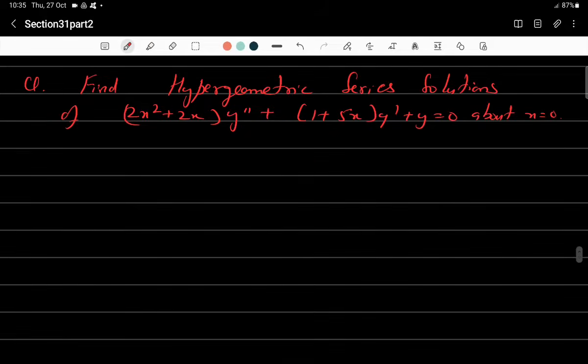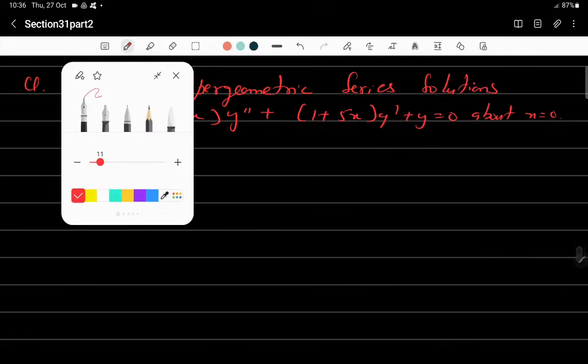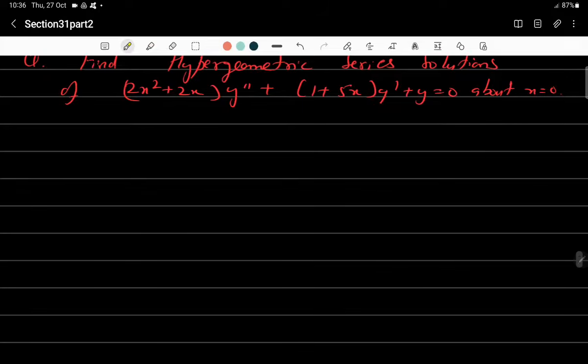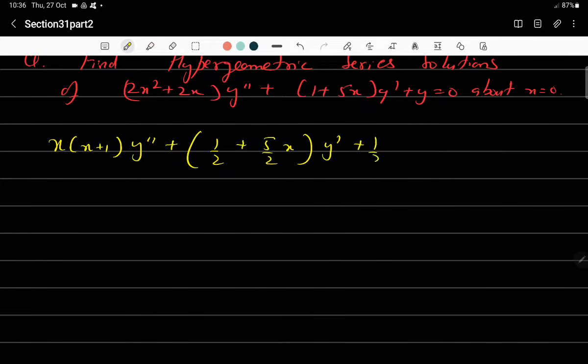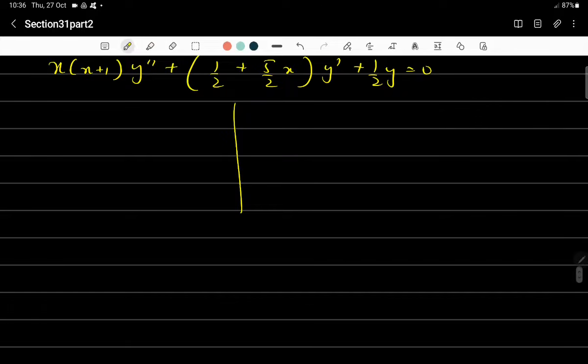That's why I have to divide the whole equation by 2 and it becomes x(x + 1)y'' + (1/2 + 5x/2)y' + (1/2)y = 0. Yes, now you can observe here that there are two choices for A and B. Either A = 0 and B = -1, or you can take A = -1, B = 0.